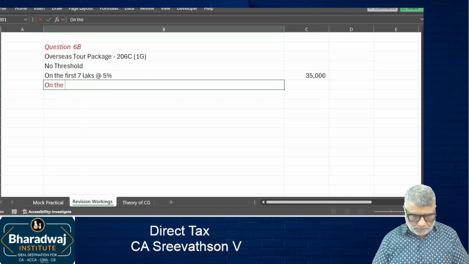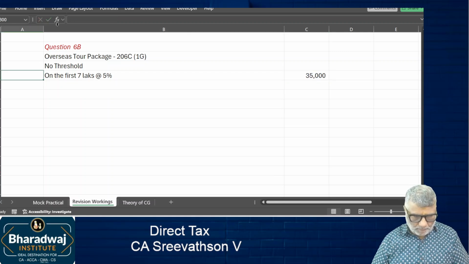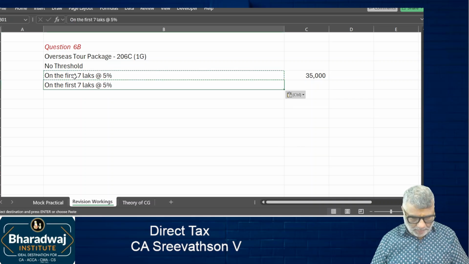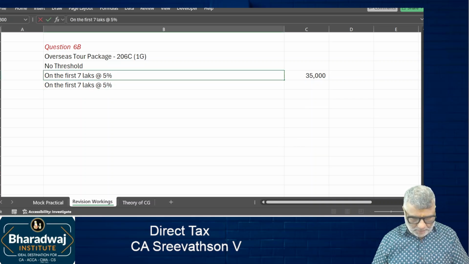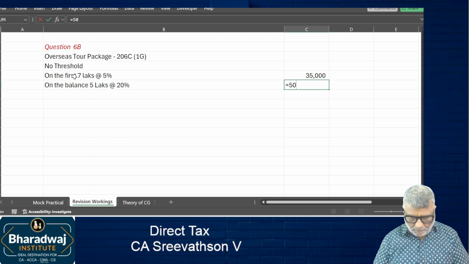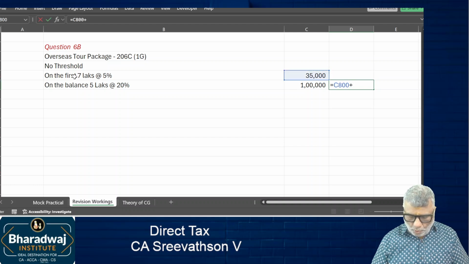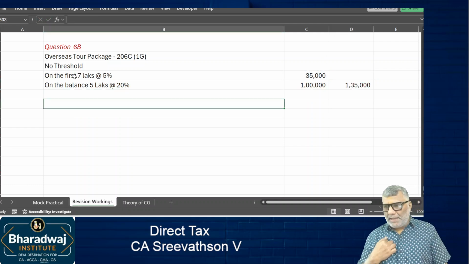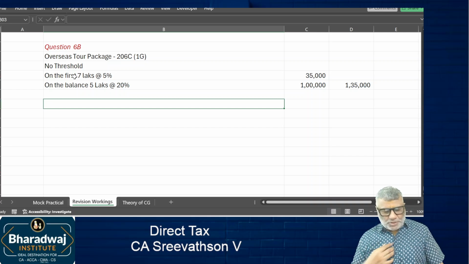On the balance 5 lakhs, right? Yes, at 20%. So total TCS will be 1,35,000 by Thomas Cook on this.